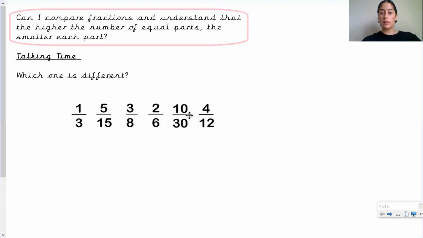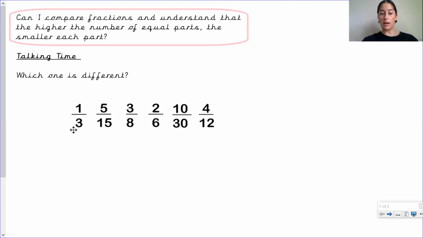How about 30? Is that part of my 3 times table? I know that 3 times 10 equals 30. So if I've multiplied this by 10, how about if I was to multiply the numerator by 10? 1 times 10 also equals 10, so this is also an equivalent fraction. How about 12? Well, I know that 3 times 4 is equal to 12, so it is in the 3 times table.